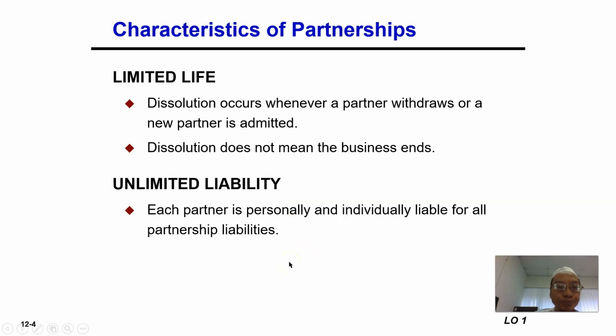Therefore, whenever the business dissolves or is liquidated because of bankruptcy, for example, and the business needs to pay off its debts, then when all of the assets of the partnership have been liquidated to pay off the debt, and yet all of the debt is not paid fully, then the partners' own personal assets may be liquidated in order to pay for the debt of the partnership. That is what is meant by unlimited liability.